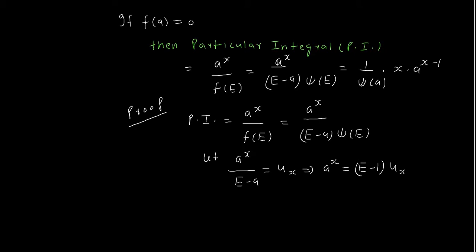The result becomes a to power x equal to E of u(x) minus a u(x). So if we operate the shift operator on u(x), this becomes u(x plus 1).